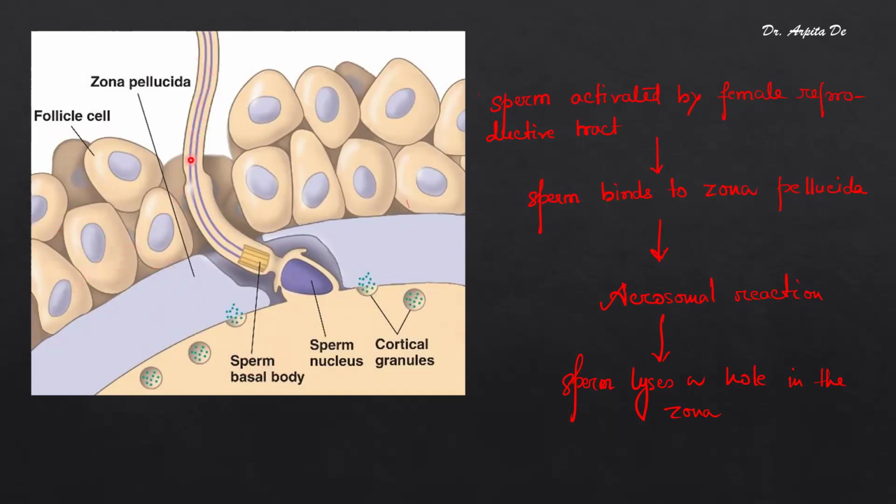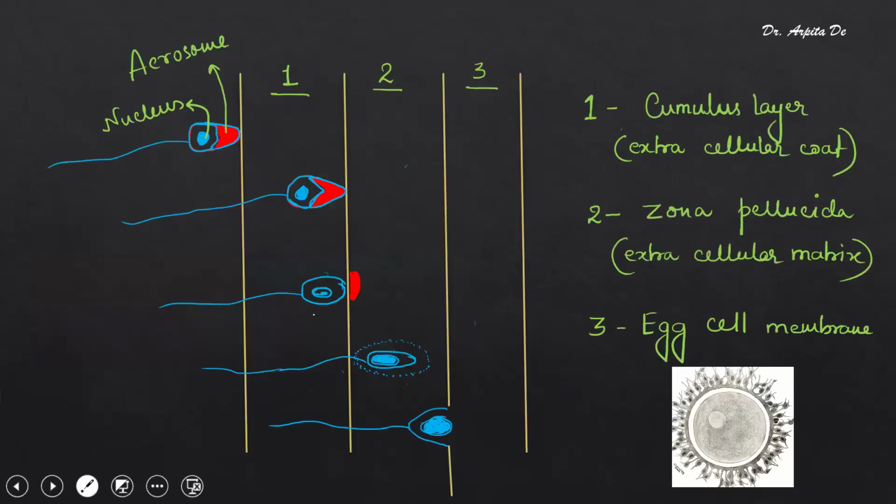The sperm has to digest everything to get access inside the egg cell. Now, how does it gain entry into the egg cell? If you take note of these three layers, 1, 2, and 3, the first one is the cumulus layer, the extracellular coat of the egg. Then we get the zona pellucida, which is the extracellular matrix, and finally the egg cell membrane.